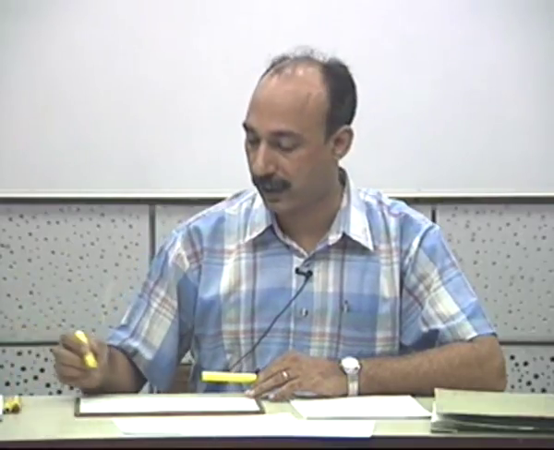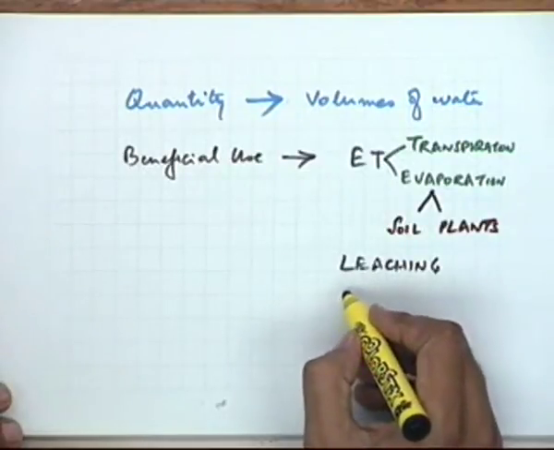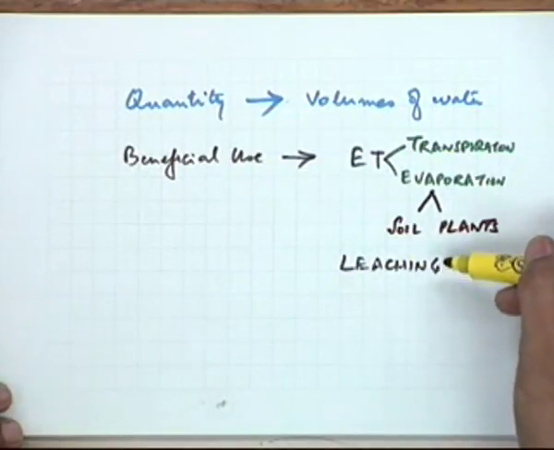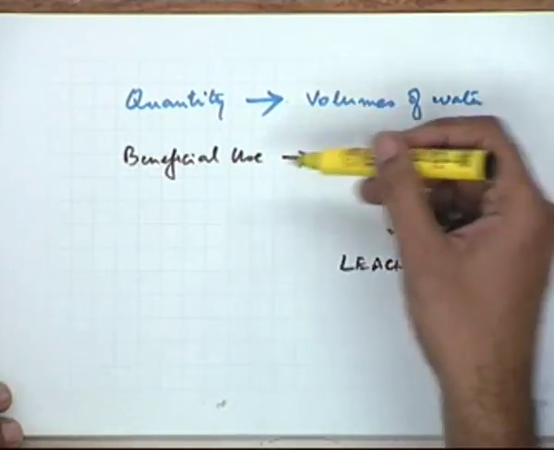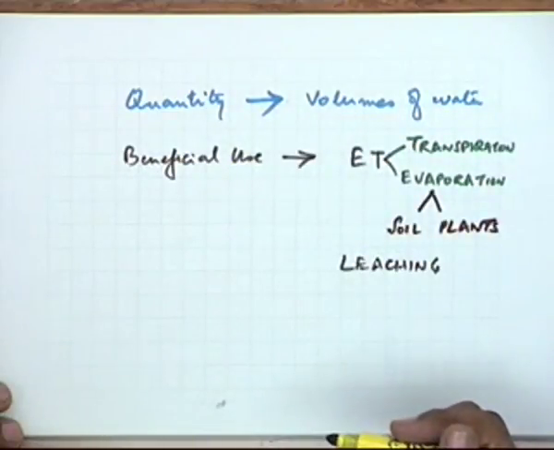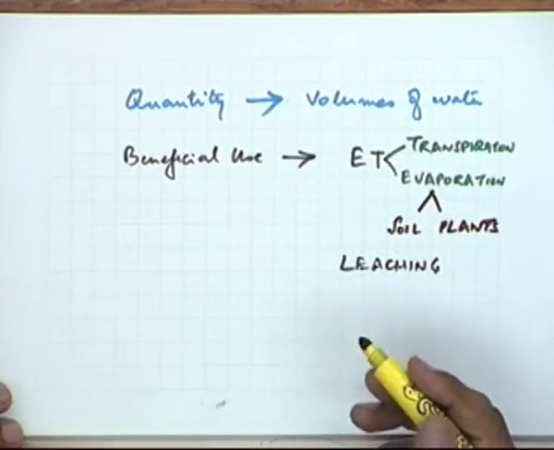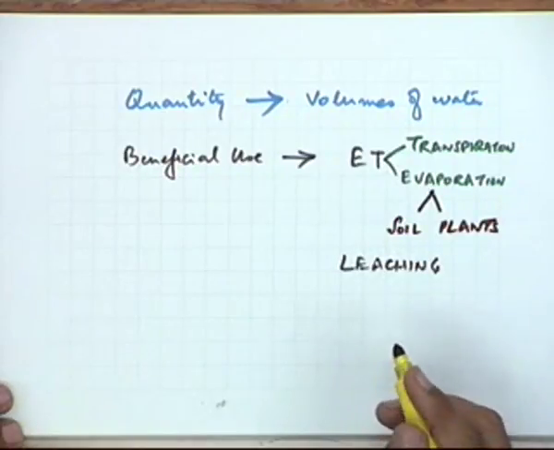In that situation, you would like to flush those salts below to a level which is beyond the root zone depth. That process is known as the leaching process. So any water which is used for the leaching purpose can also be termed as beneficial usage of water. So how can evaporation be considered as a beneficial use? It's actually lost from the soil.